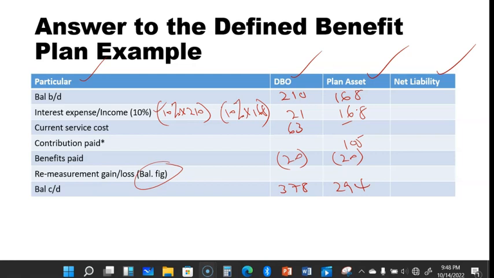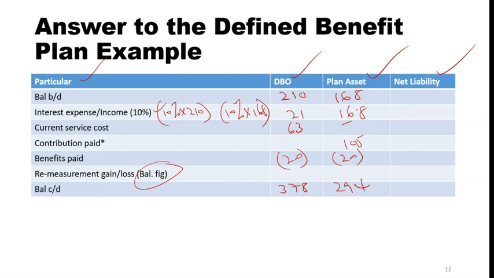Okay, so let us add 210 plus 21 plus 63 minus 20. We have got how much? We have got 274. Okay, 274. So it means that for us to reach 378, there has been some increase. So this one is an increase of 104. That's the balance.